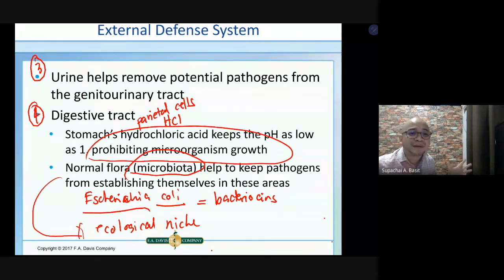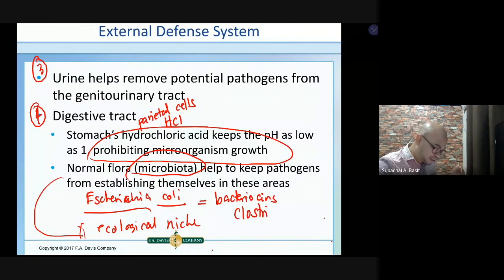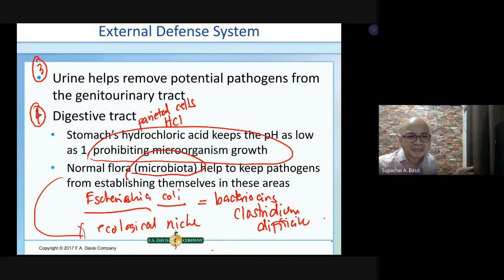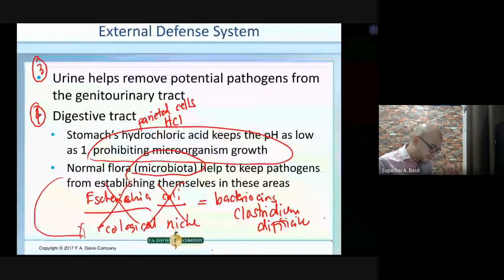If you remember our discussion in bacteriology, there is one kind of bacteria, Clostridium difficile. Clostridium difficile is associated with antibiotic-associated diarrhea, because too much antibiotics will destroy the normal microbiota.